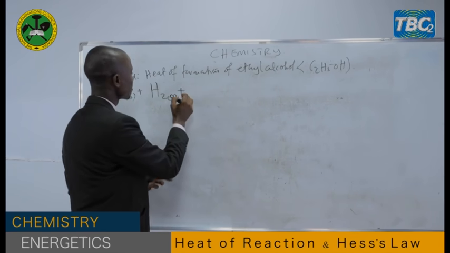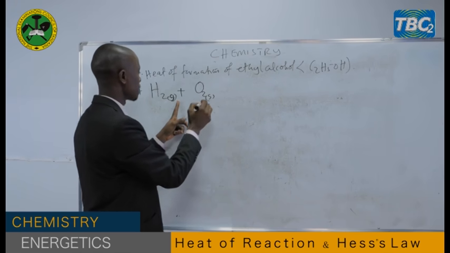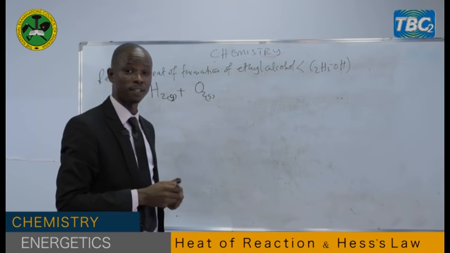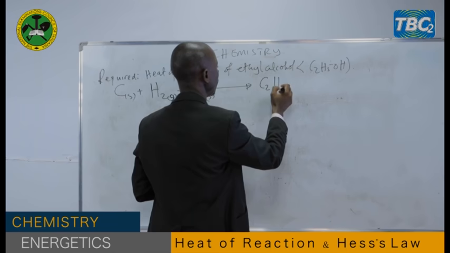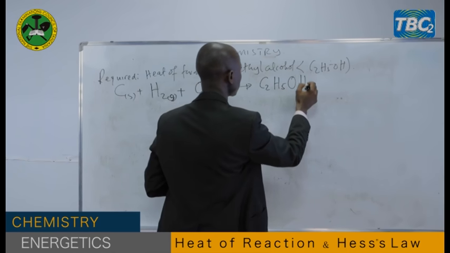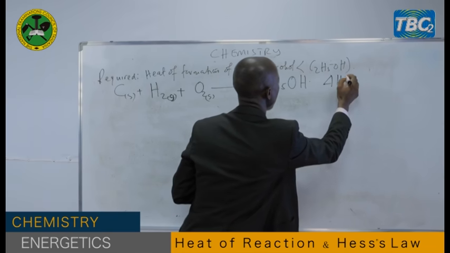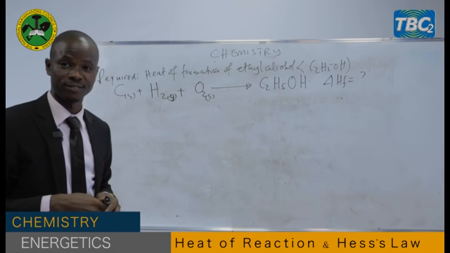Now, the third one is oxygen, which exists as a gas. So these 3 elements together, when they react, form that compound, to yield ethyl alcohol. And the enthalpy change of formation of this compound is what is required.